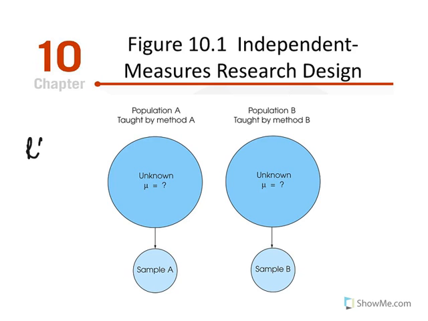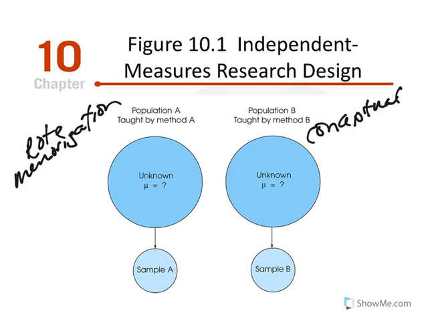So we could say rote memorization versus conceptual learning. And obviously we're not going to have access to all individuals learning multiplication tables. So we take a sample of students and we expose them to the rote memorization, let's say for 10 weeks.